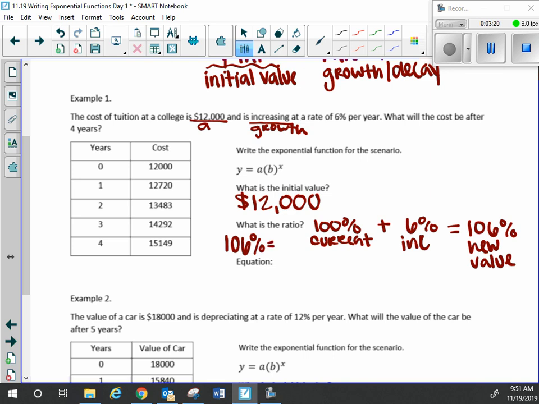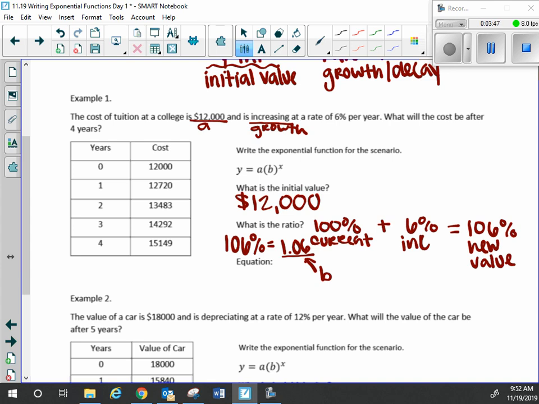So 106% is 1.06. And that, my friends, is your B value. Does my process make sense on how that's found? Yep. Okay, good. Because if you just found 6%, the value would not increase, it would plummet.